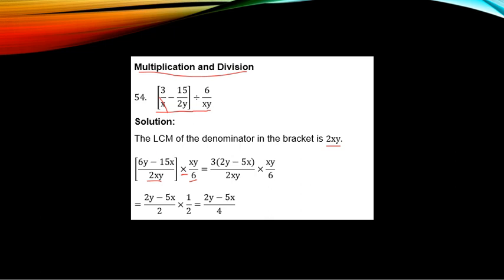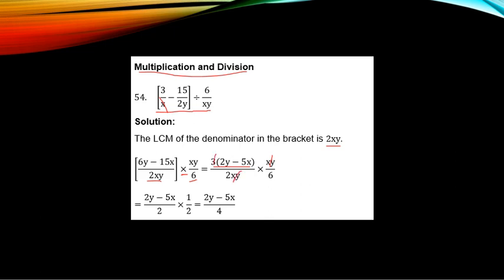In the first part, you can factor out 3. You factor out 3, you have 3 into 2y minus 15s/2sy times sy/6. From here, we cancel sy.